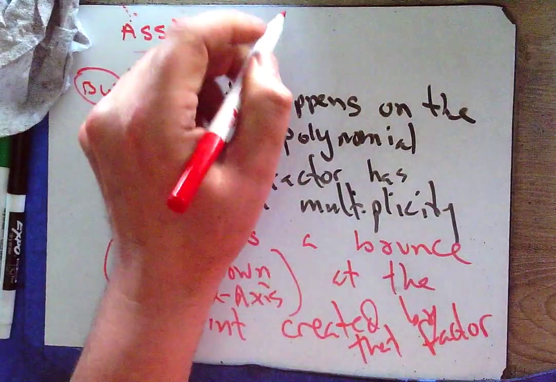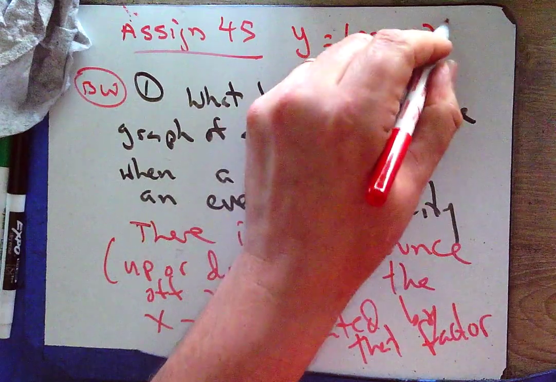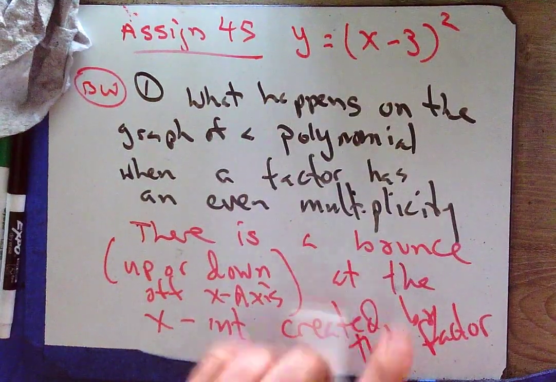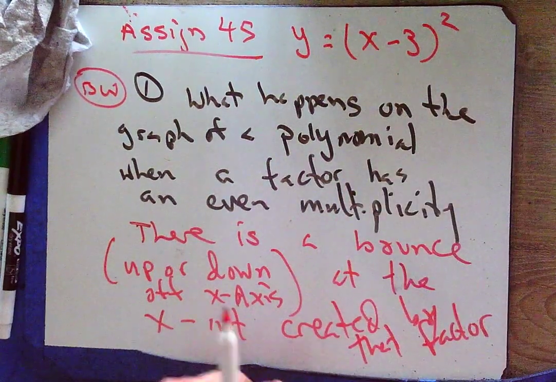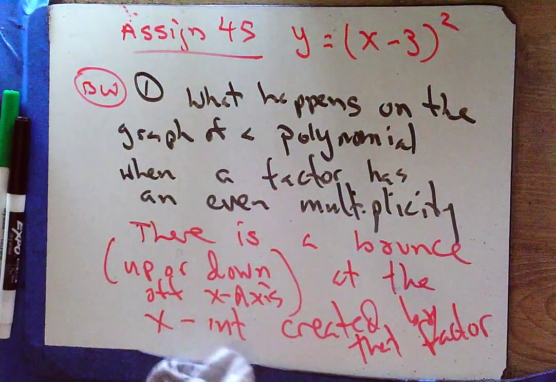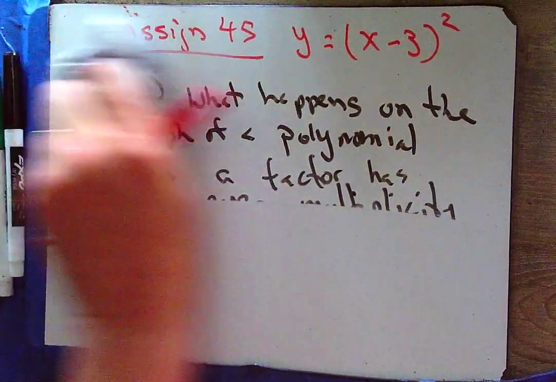Okay, so if I see y equals x minus 3 with an even multiplicity, I know that at x equals 3, there's going to be a bounce. Okay, there's the first question. What happens on the graph of a polynomial when a factor has an even multiplicity?